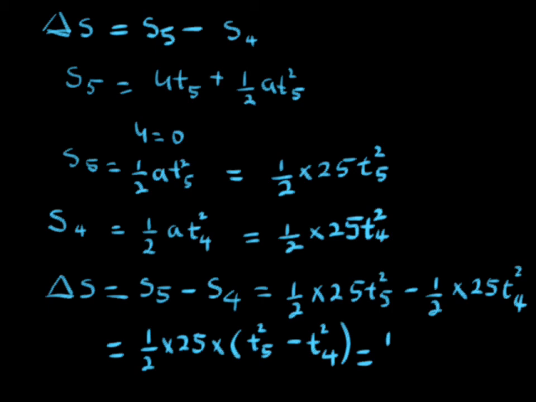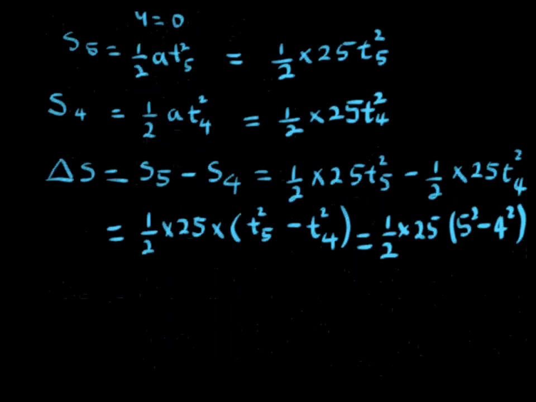So this gives us 1 over 2 times 25 times 5 square minus 4 square. 5 square gives us 25, 4 square gives us 16.